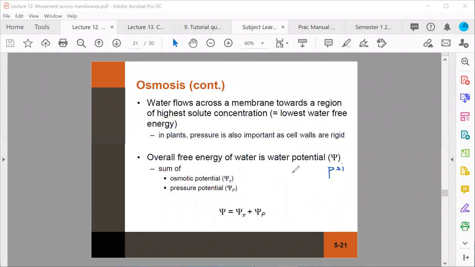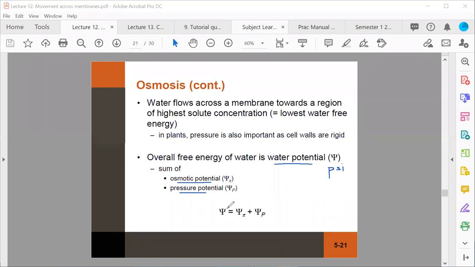Okay, there it is. So the overall free energy of water is referred to as the water potential, and the water potential is the sum of the solute potential, or osmotic potential, and also the pressure potential.